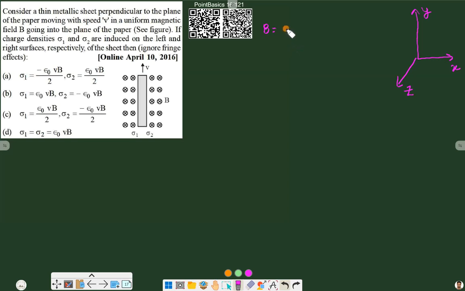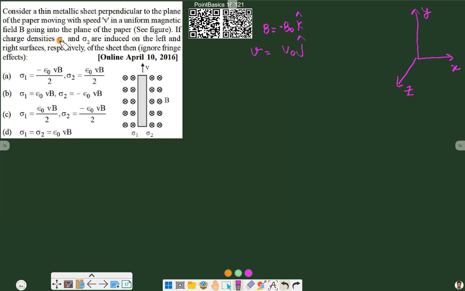So we can say B naught times k with a negative sign. This is our magnetic field. And the sheet is moving with velocity v, and as per the diagram it is moving upward in this plane. So v is equal to v naught times j. That's how we have velocity.